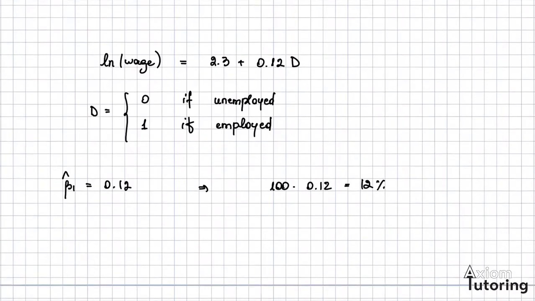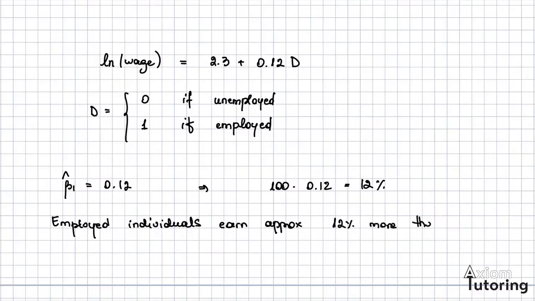So normally you would say that employed individuals earn approximately 12% more than unemployed people. Okay? Or individuals.